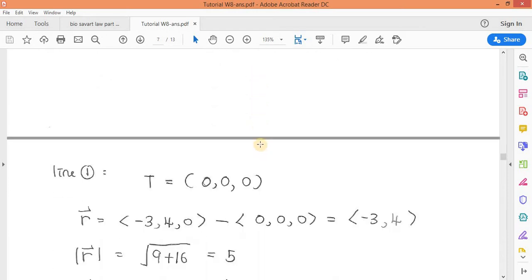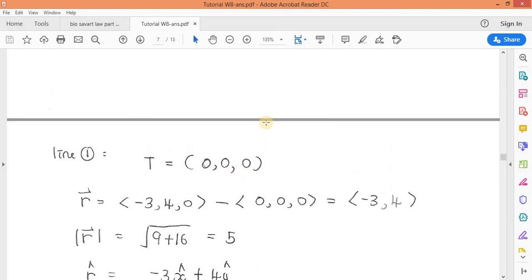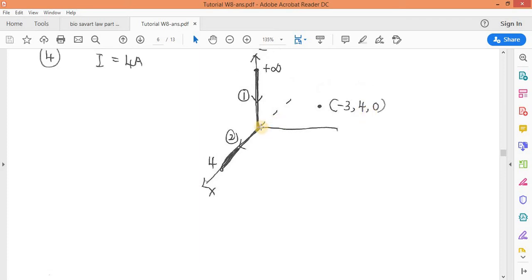So as usual, you need to find the r. Before you find the r, you need to find the t. So your observation point is (-3, 4, 0). So point t should be along this line. It has coordinate x of 0, coordinate y also 0, and for the coordinate z, you have to follow the coordinate z of the observation point here, which is also 0.